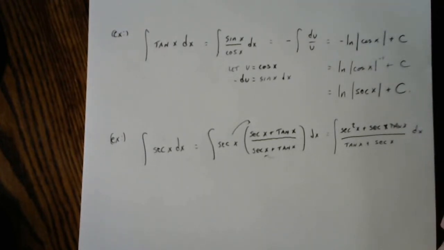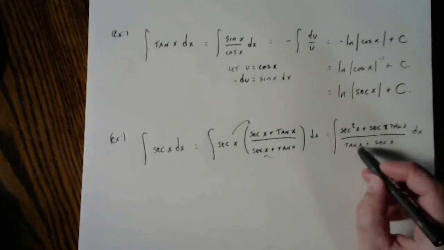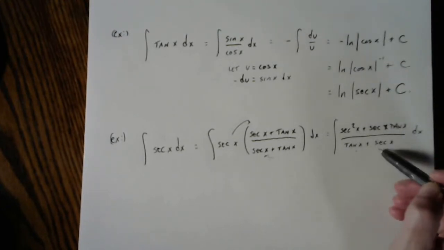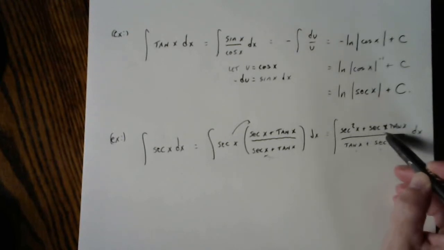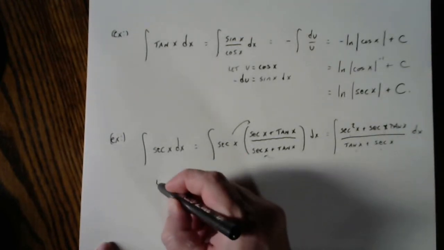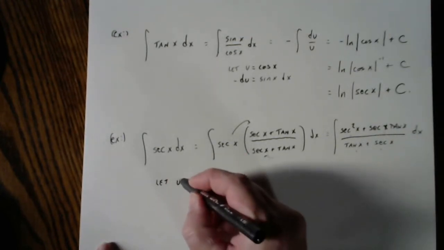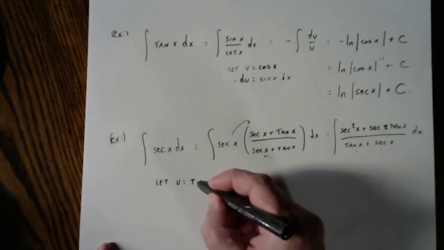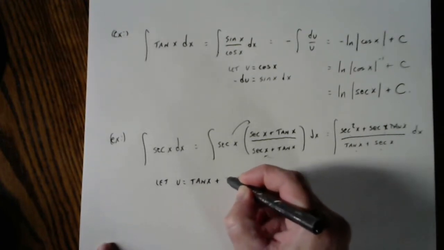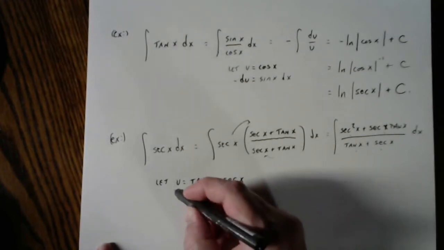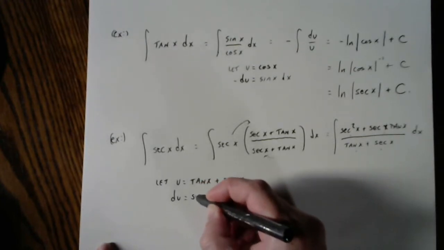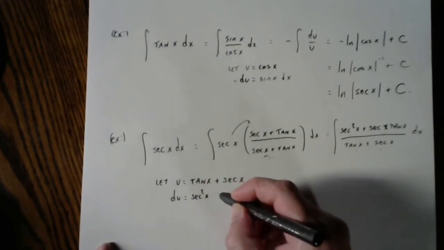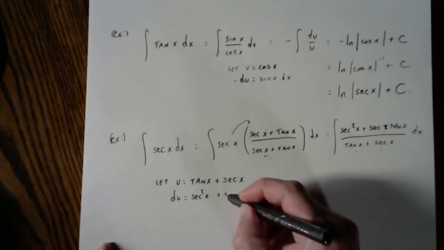Okay, you might say, well, why in the heck would you do that? Well, if I look at what I have here, I have a tangent plus a secant, and above I have their derivatives. So similar to what's above, if I were to let u be tangent plus secant, du is exactly what's above, secant tangent.